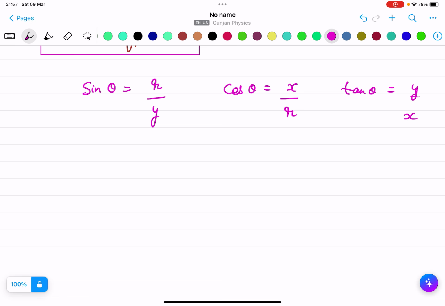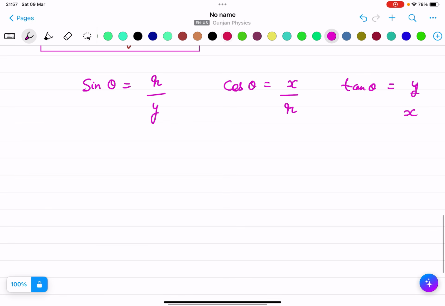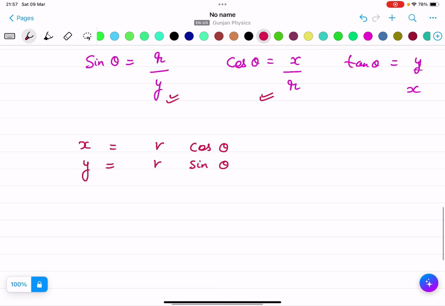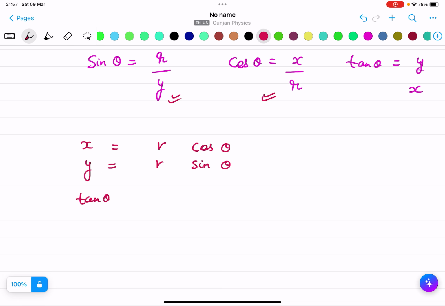So from these formulas can I write x equals r cos theta, and y equals r sine theta, and tan theta we already deduced equals y upon x, right?